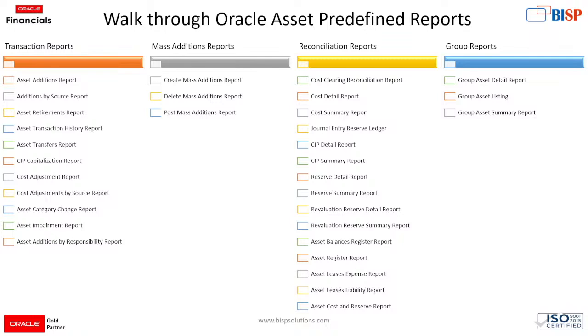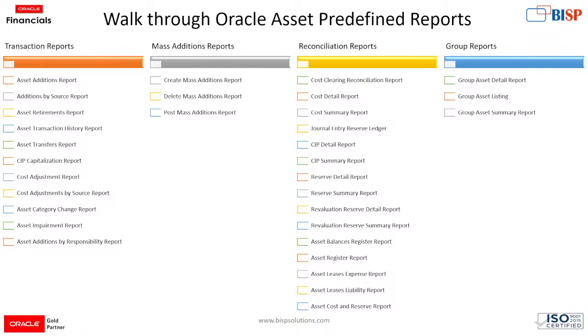Under the reconciliation reports, there is a revaluation reserve detail report, revaluation reserve summary report, asset balance register report. The asset balance register report is a list of initial cost, current reserve, year to date amount, depreciation rule, retirement for a range of assets for the specific corporate book and for each associated tax book.